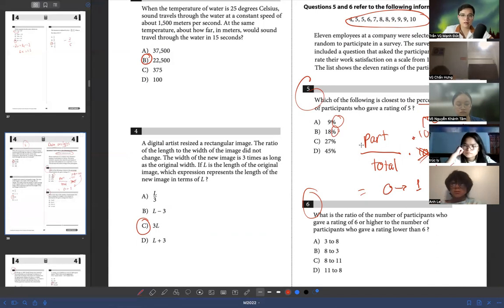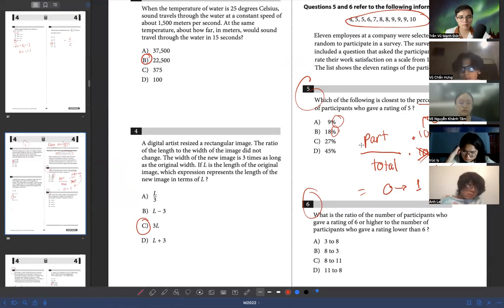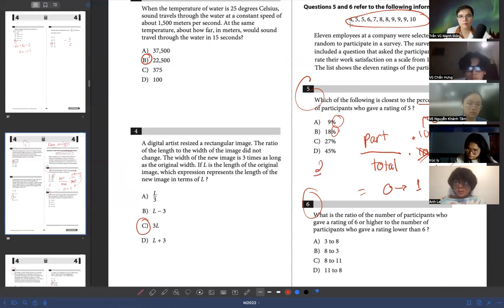So how can I calculate the percentage of those who gave the rating of 5? Two over 11. 11, exactly.